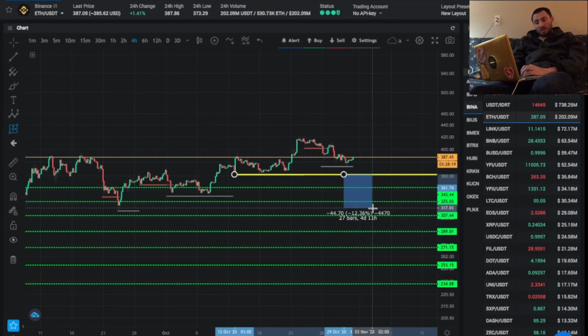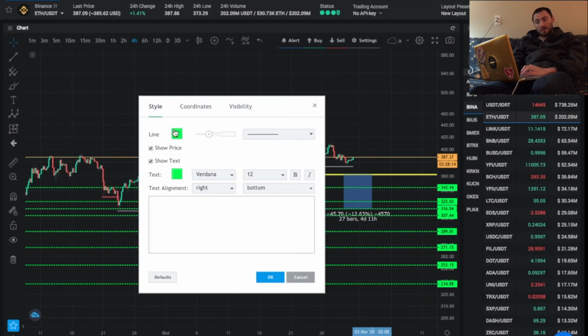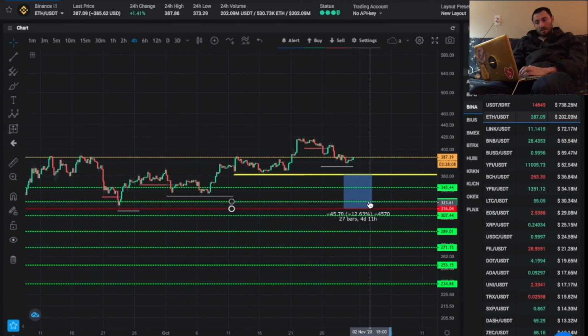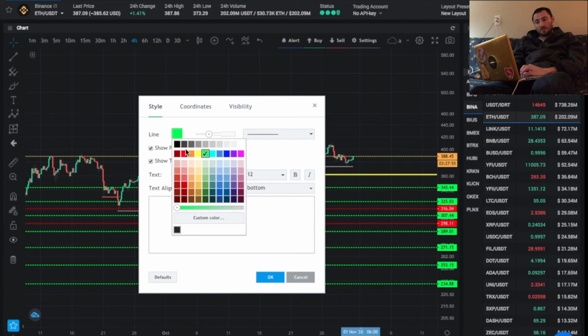And then we're going to put that'll be our take profit, so that'll be red. And then about just under 18. And boom. This will be our alert.